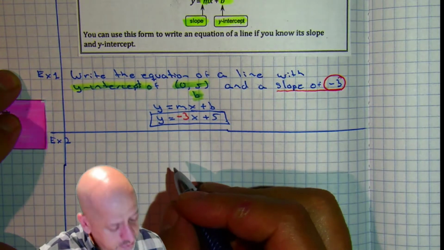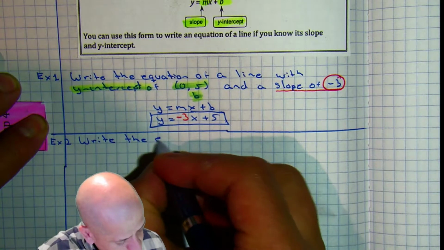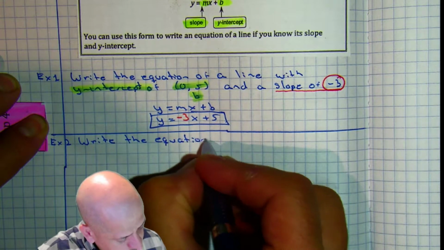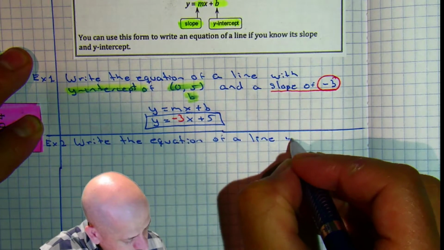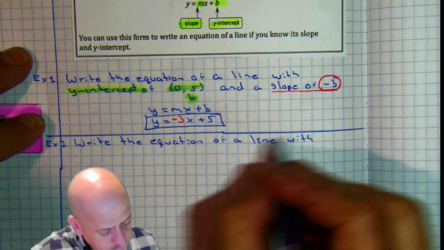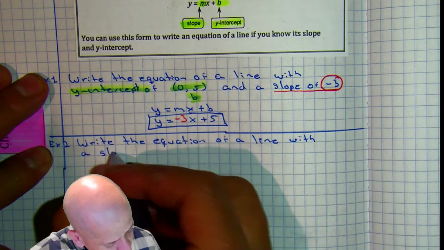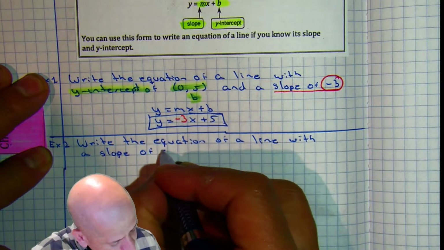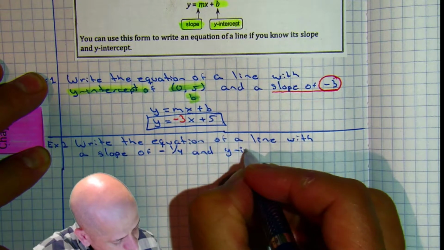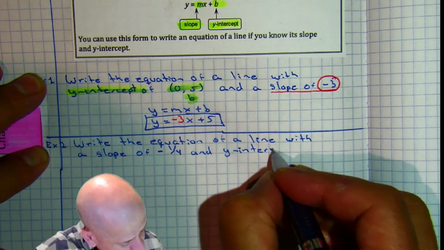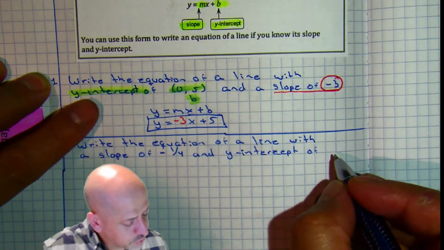Write the equation of a line with a slope of -1/4 and a y-intercept of (0, -2).